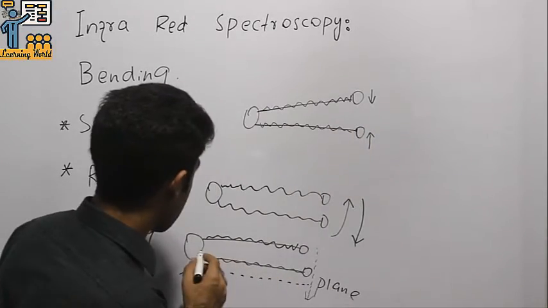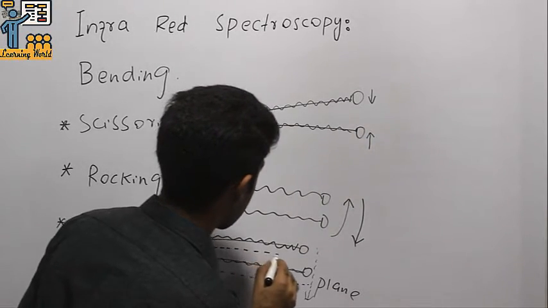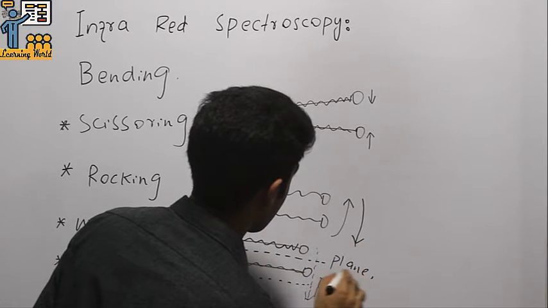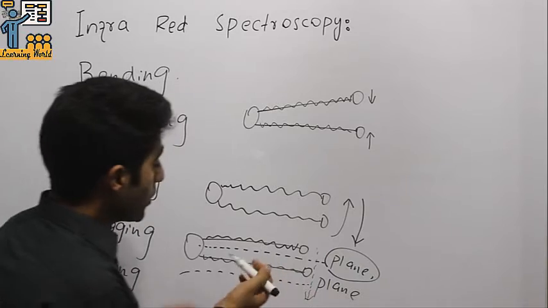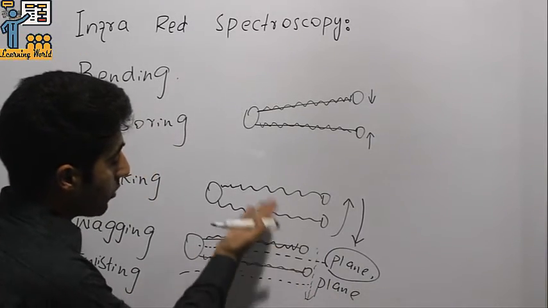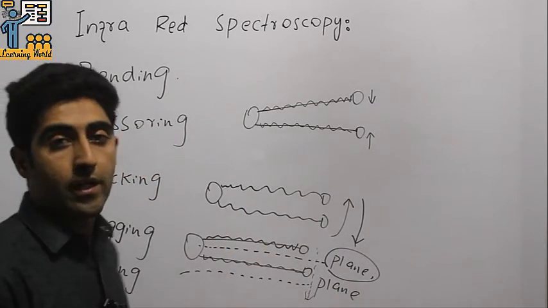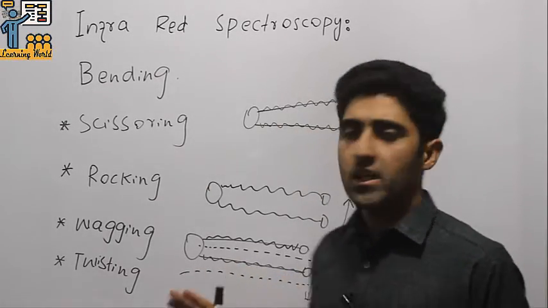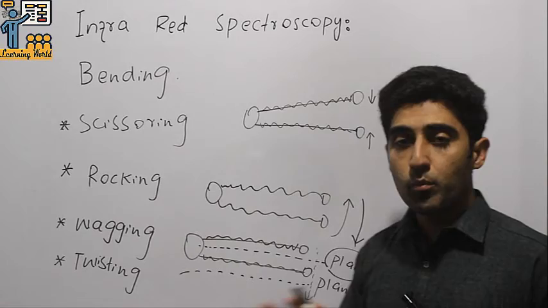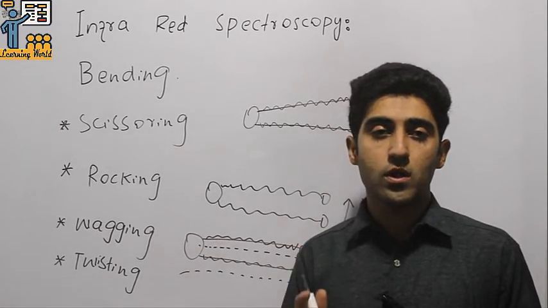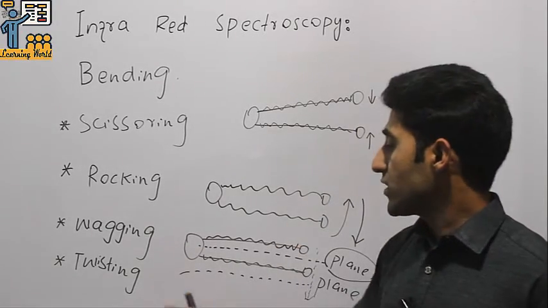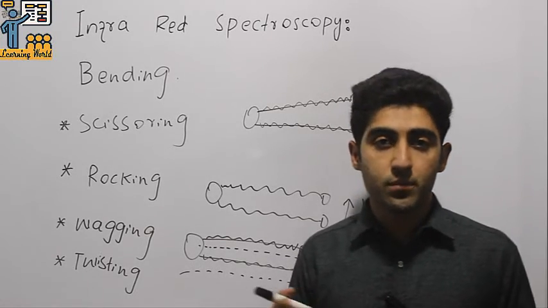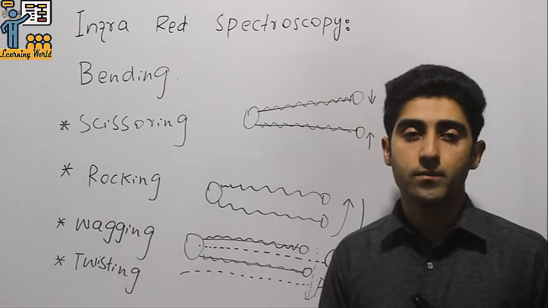For example, this is the plane. So some difficulty is present here, so keep this distinction in mind.